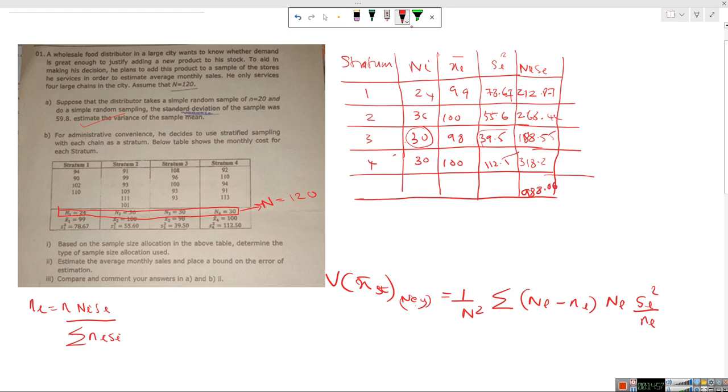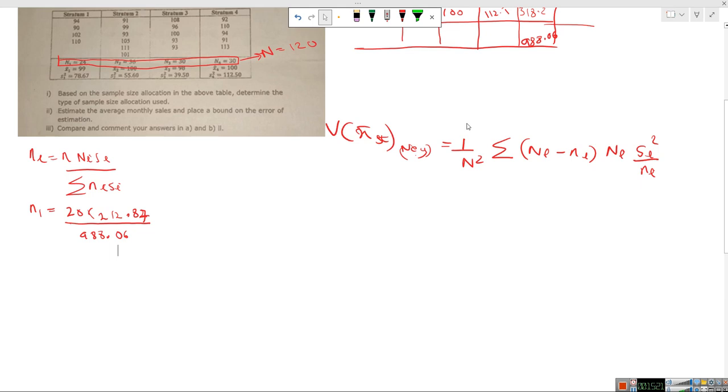988.06, right? Okay, so now we can calculate n1. n1 is equal to n times Ni Si over the summation. Now we have to take 20 samples, right? So the total n is 20 into this one, 212.87 divided by 988.06.